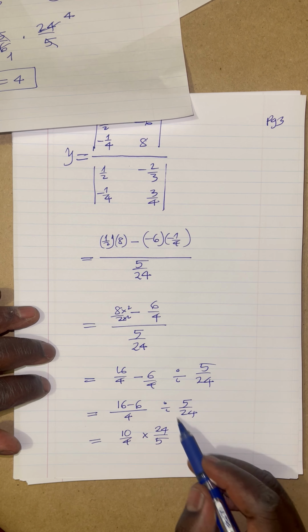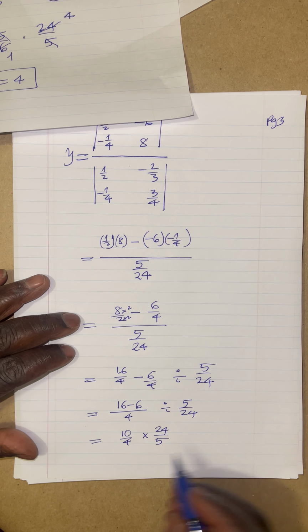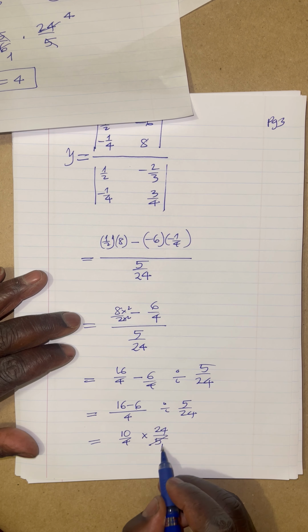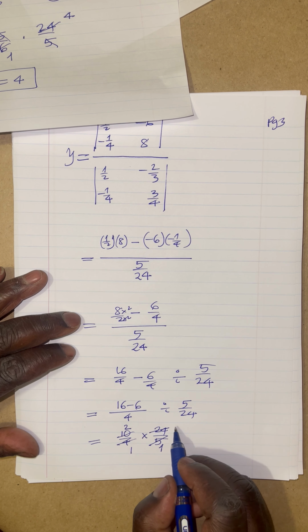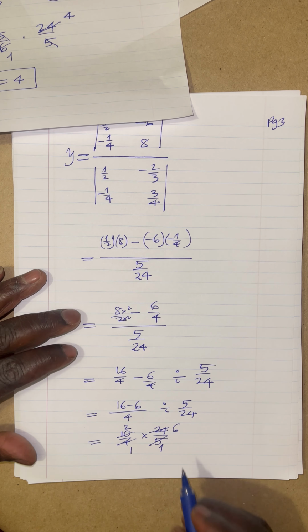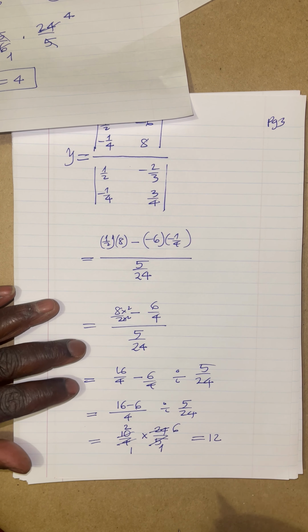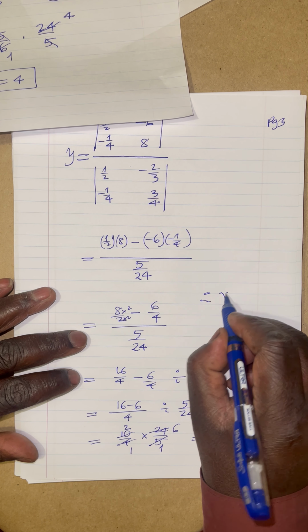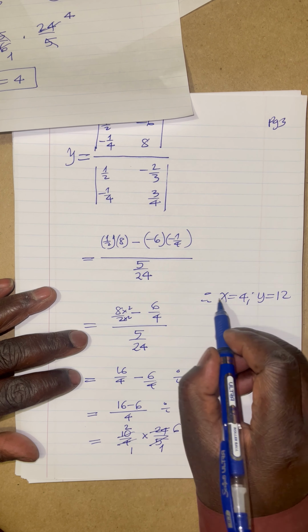You reciprocate the fraction because we're changing from division to multiplication. Now we can cancel. 5 goes there once, into 10 twice. 4 goes there once, into 24 goes there 6 times. And what is 2 times 6? The answer is 12. So basically we're saying, therefore, x is equal to 4, y equals 12.